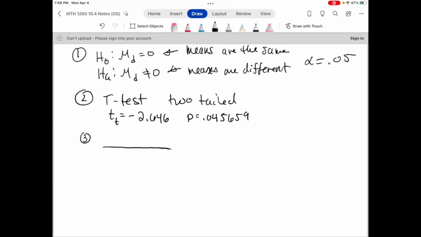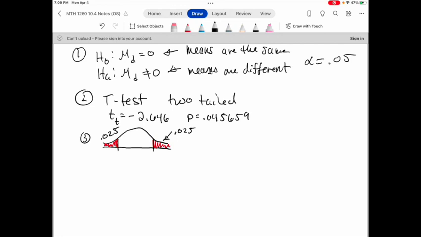So for step 3, for our rejection region, this is two-tailed, so we're going to look at both ends of the graph. For our critical value, because we're splitting this into two tails, my alpha level is 0.05, so the area under the curve in each tail is 0.025 because I'm splitting it in half. I'm looking for the test statistic that gives me these cutoffs, not 0.05, 0.025.